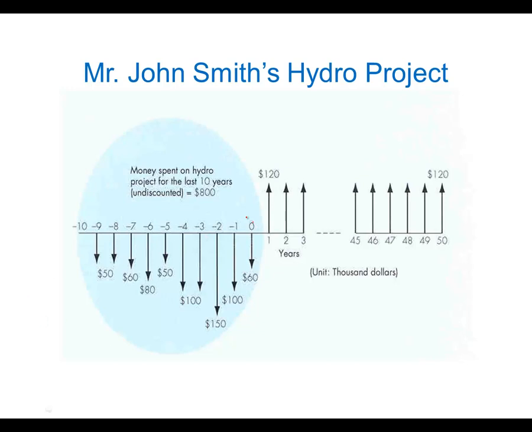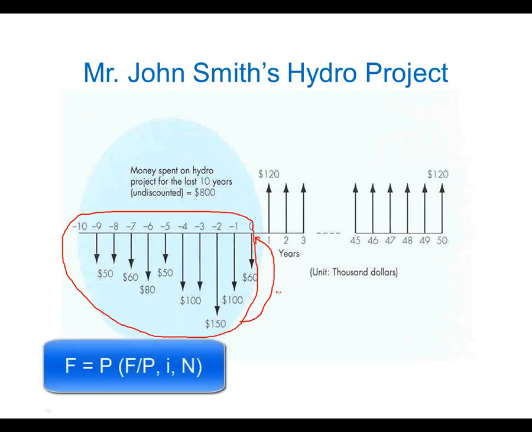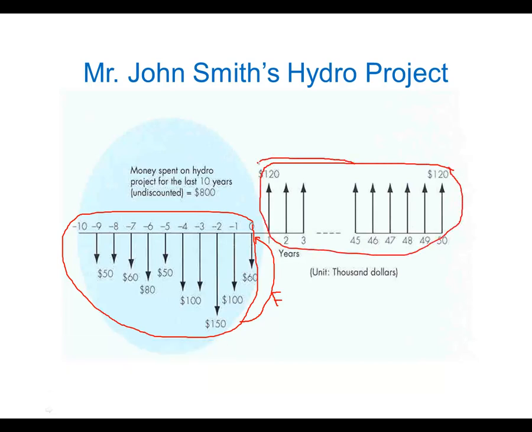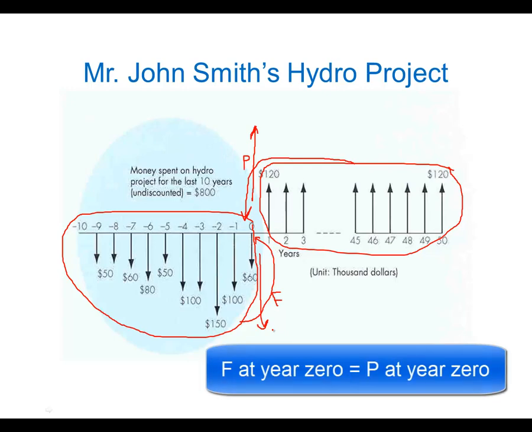So these values can be brought to year zero as future value, and these values can be brought back to year zero as present value, and we make these two values equal to see if it is a worthwhile investment or not.